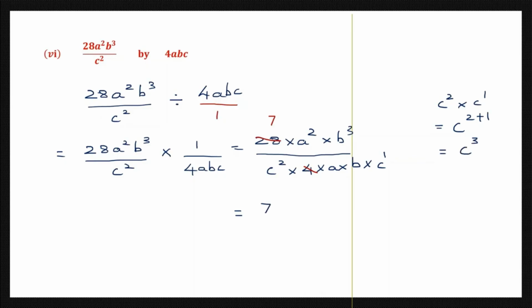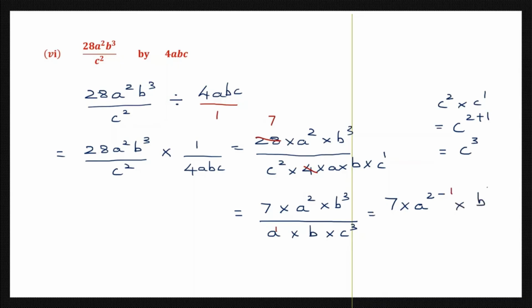So what do we have? 7 into a to the power of 2 into b to the power of 3. Then in the denominator, let's arrange it in order from a, b and c. We have a into b into c to the power of 3. So let's work this out. 7 into a to the power of 2 minus, I have 1 here, so minus 1 into b to the power of, I have 3 minus, and here I have 1, minus 1.